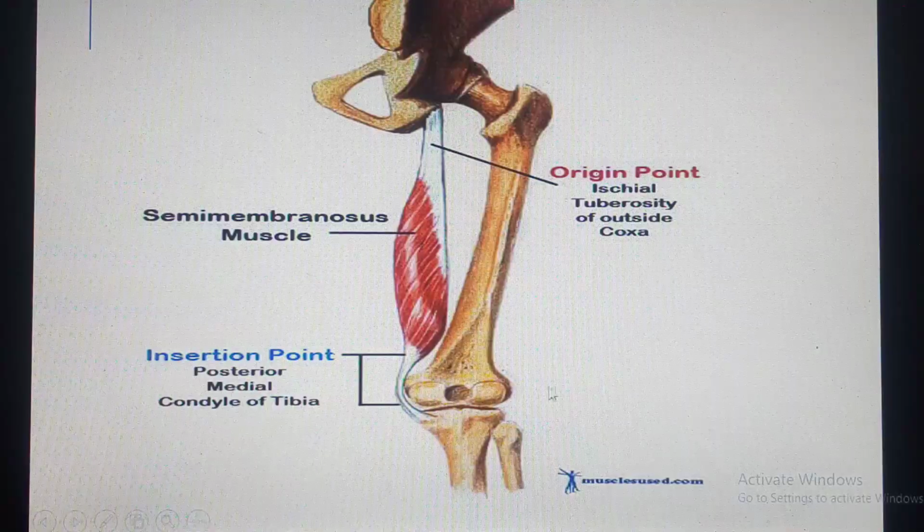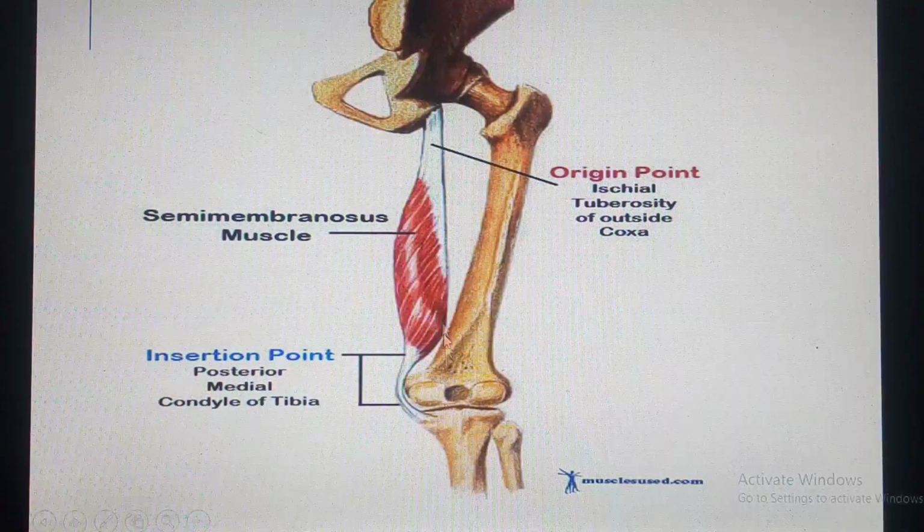Now, the next muscle, which will be deep to the semitendinosus muscle, is the semimembranosus muscle. As you can see, it's also originating from the ischial tuberosity, actually the superior, lateral portion of the ischial tuberosity, and then runs almost vertically to insert on the posterior aspect of the medial condyle of the tibia.